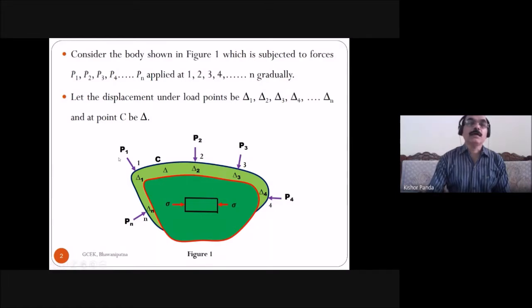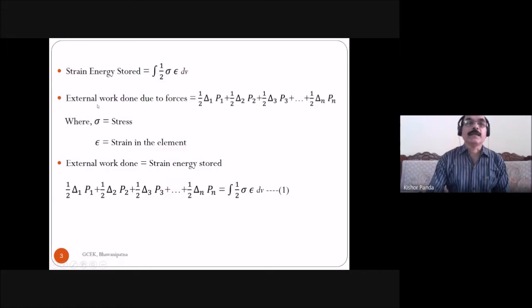But due to the action of the number of forces P1, P2, P3, P4, Pn, the external work done due to these forces is equal to half delta 1 P1 plus half delta 2 P2 plus half delta 3 P3 plus half delta n Pn.